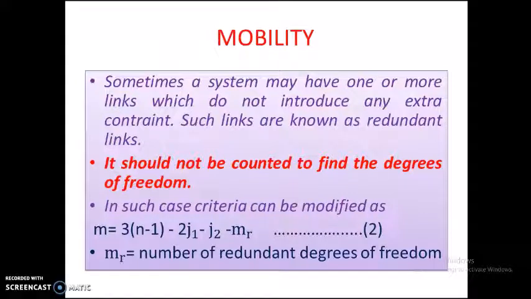In such a case, we neglect the redundant degrees of freedom from the mobility criterion. It is shown as equation 2. M is equal to 3 into (n minus 1) minus 2j1 minus j2 minus Mr. Mr is the number of redundant degrees of freedom.